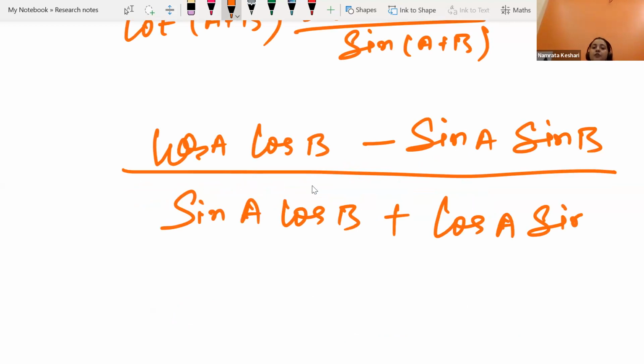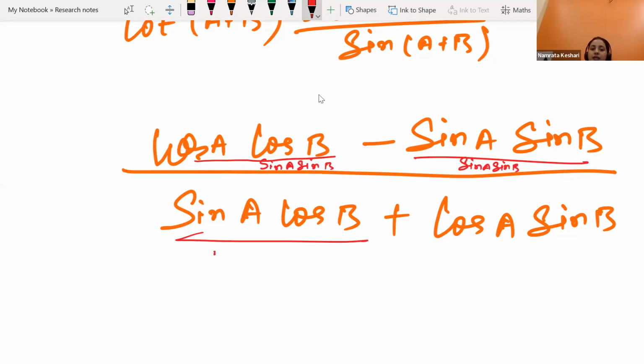If we divide numerator and denominator with sine A, sine B, because we want to create what?